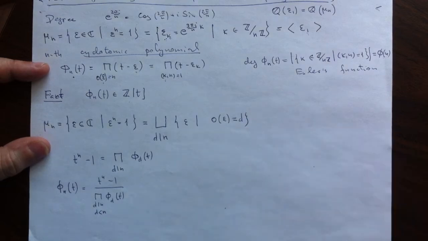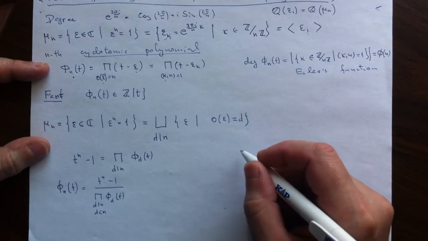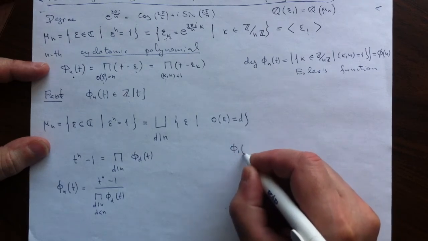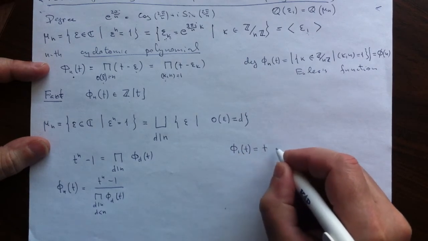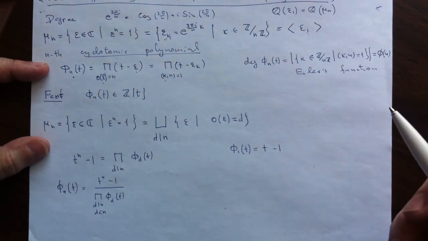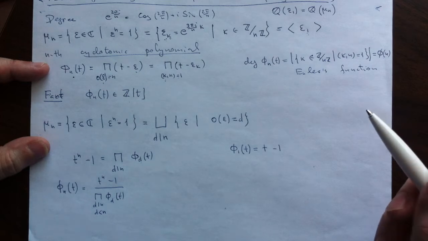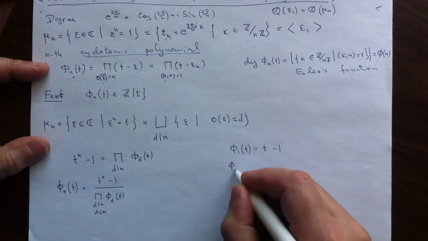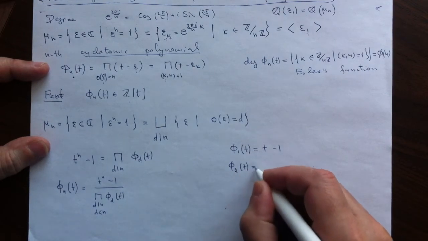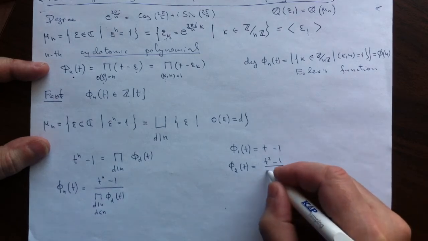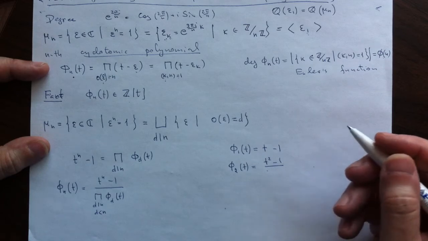So let's finish by looking at concrete examples of cyclotomic polynomials. By the definition, the very first one is just t minus 1. It just has a unique root, the only complex number which has multiplicative order 1. And using this induction procedure, the second will be seen as a ratio of t squared minus 1 and the product of all cyclotomics for proper divisors of 2.